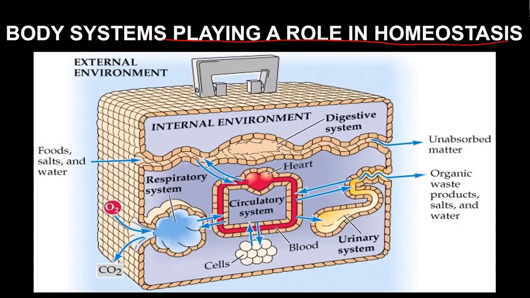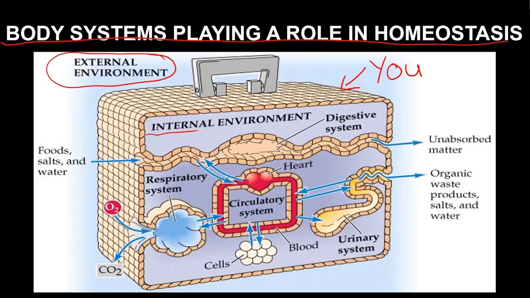So if we have a look here, which body systems are important for homeostasis? First of all, this is the external environment. That's the air around us. This little suitcase actually represents you.